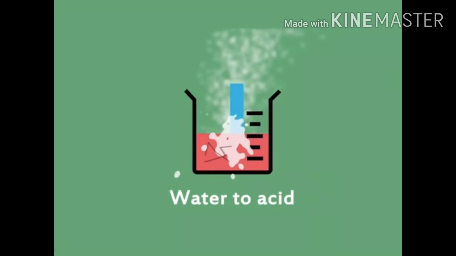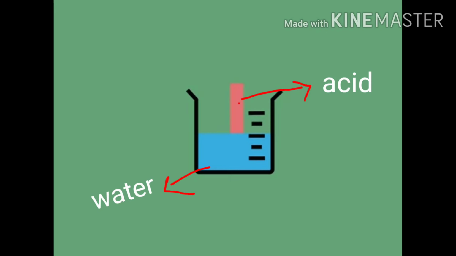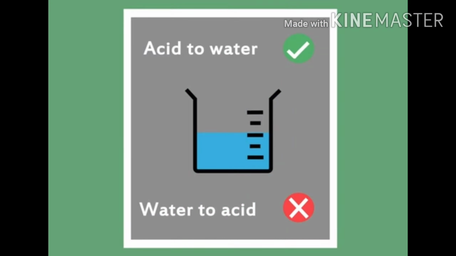Now you may think if the same will happen if acid is added to water. Not exactly. The reason is, when we add acid to water, the reaction will no doubt be exothermic, but water is a good absorber of heat. So the temperature will be lowered, and that is why the mixture will not splash or the container will not crack.